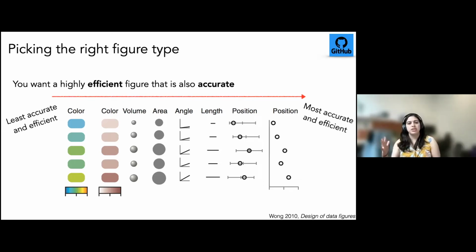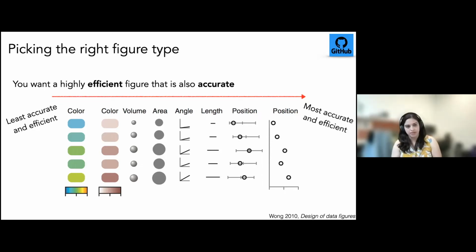When you get over to length and the first position and the second position, it's easier to compare them to each other. What makes these positions on the right more accurate and efficient is that when you have a shared axis, like in this final one, we can compare the points to each other.